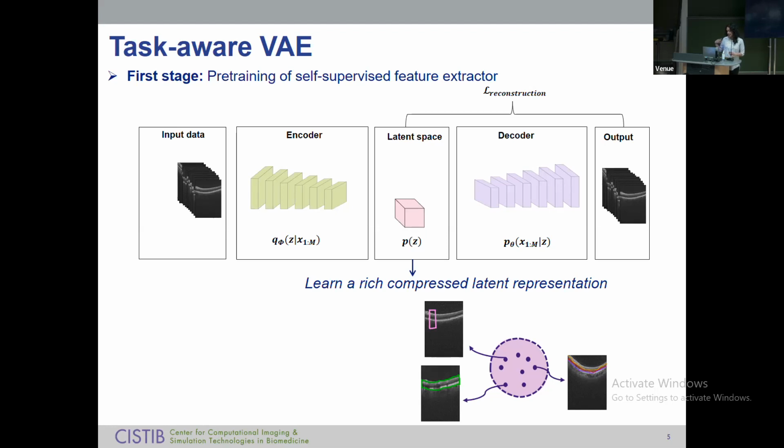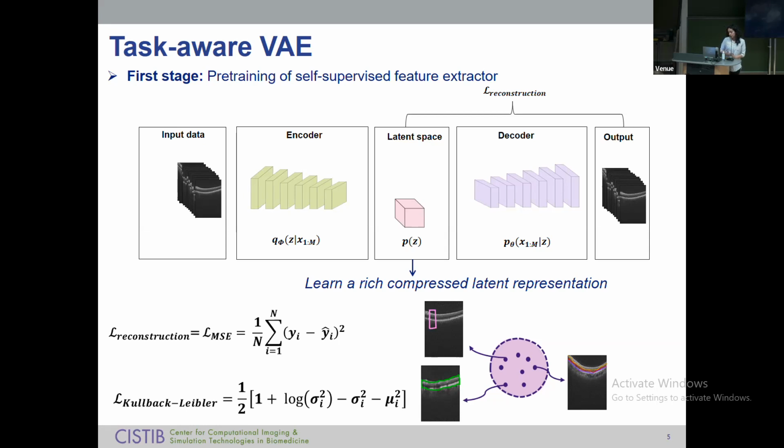To train the first stage, we have the encoder and decoder, and we pre-train to enable the variational autoencoder to learn a rich representation in a self-supervised fashion. This pre-training helps to learn features that are a good initialization for the next stage.